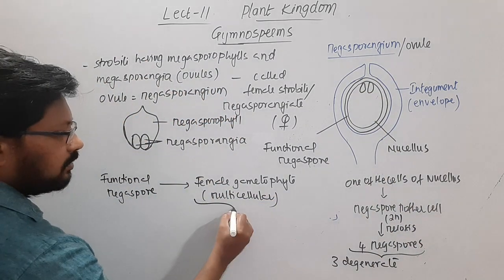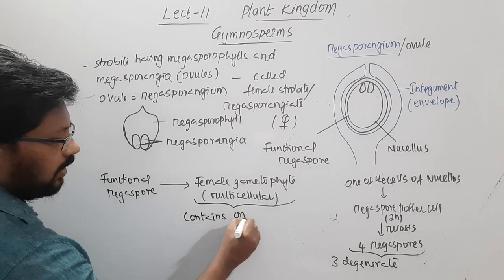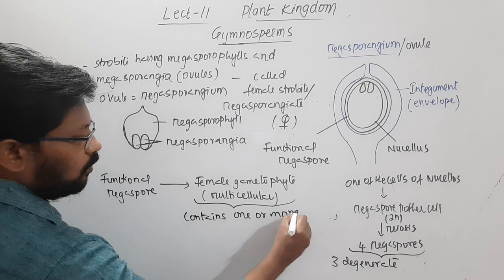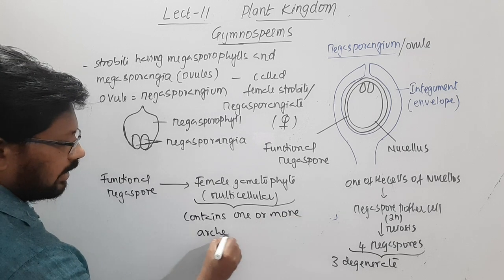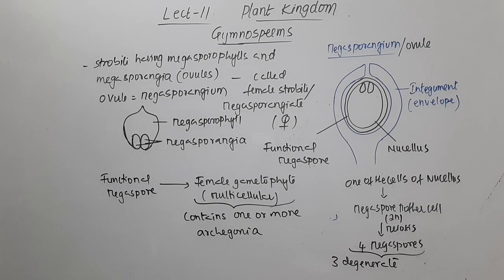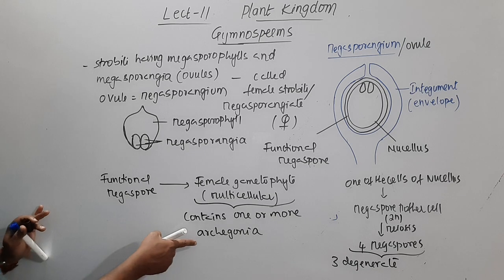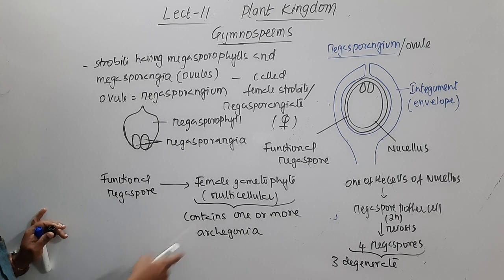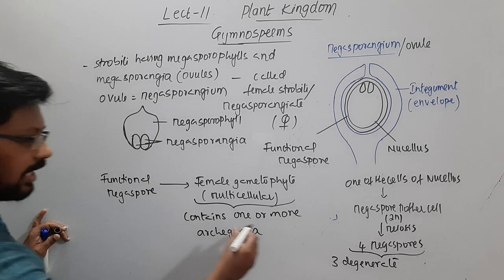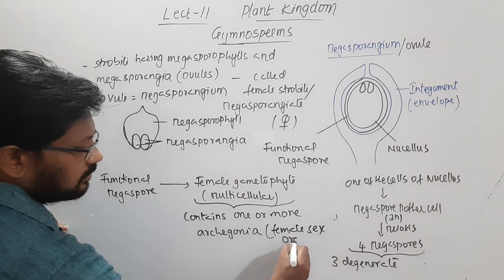So the female gametophyte contains archegonia, and the archegonia will have an egg cell. These archegonia are the female sex organs.